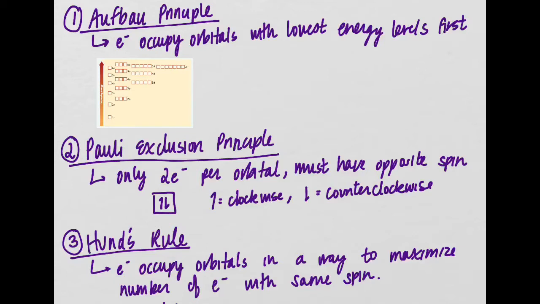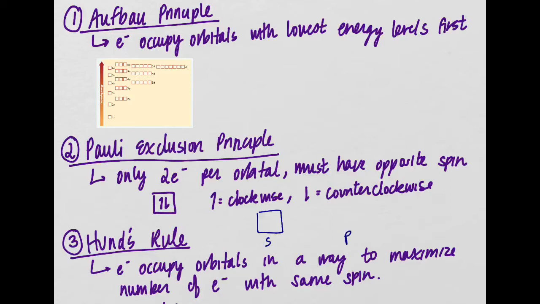Next, we have the Pauli exclusion principle, and remember that tells us that the maximum is 2 electrons per orbital. I could have 1 electron, but the maximum I can have is 2. I can't have 3 in an orbital. And remember, we defined the orbital yesterday as the square, right? So an S sublevel has 1 orbital.